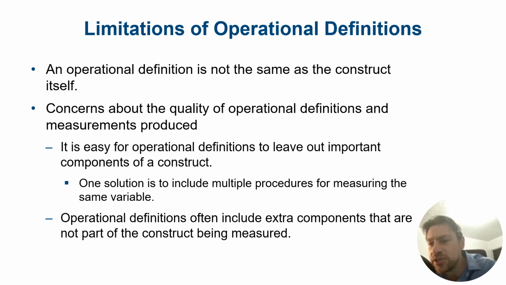So in those situations, a student might do very poorly on an exam, but in those cases, their grade, their score, is not a good reflection of their actual knowledge. So this is a problem for operational definitions. So in scientific studies, one thing you can try to do is to include multiple procedures for measuring the same construct and hope that they all sort of converge.